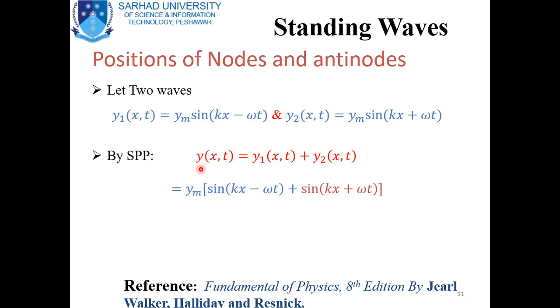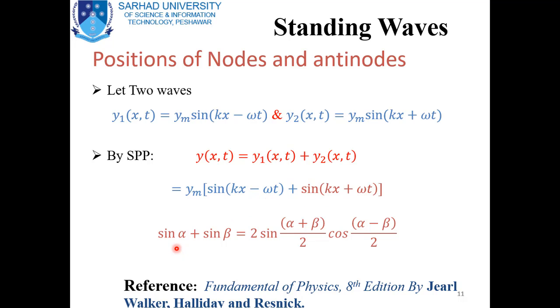After inserting the values of y1 and y2, we will get ym into sin kx minus omega t plus sin kx plus omega t, and we have a sine plus sine term, so we can apply a trigonometric identity on this bracket.